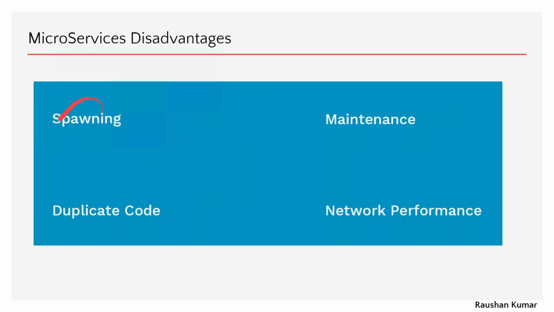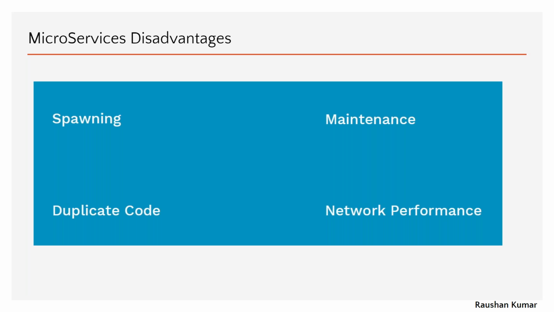Spawning. When I say spawning, if I have too many containers, sometimes it becomes difficult to manage. Suppose you have a monolithic application and you have broken it down into hundreds of microservices, and after that you have similar containers of a similar type to accommodate user load.